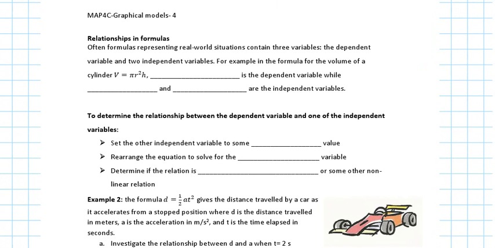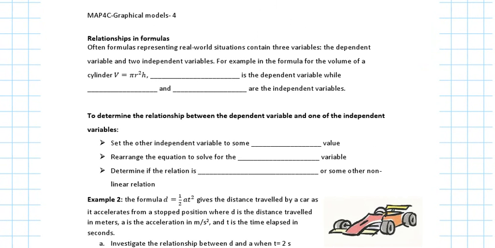So often formulas representing real-world situations contain 3 variables, the dependent variable and 2 independent variables. For example, in the formula for the volume of a cylinder, we have volume is equal to pi r squared h. Can you tell me which one is the dependent and which ones are the independent?